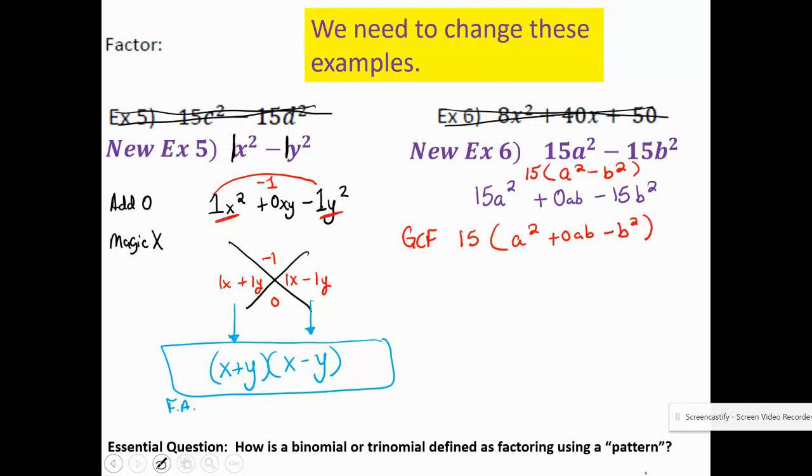Oops. So now we're back to the magic X. GCF first and then your magic X. Okay, there's hidden ones there, right? So what multiplies to -1 and gets us the 0? So it's the same problem as the other side.